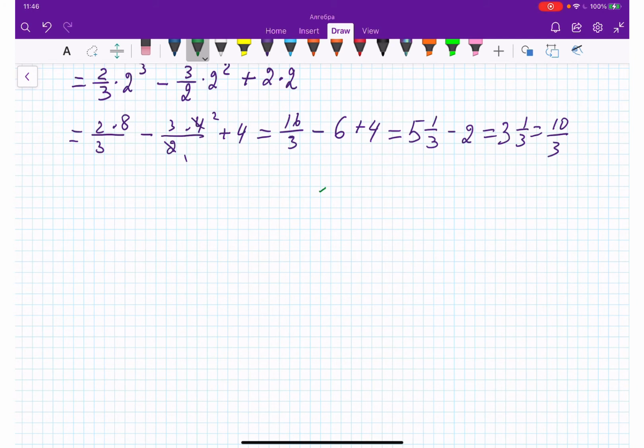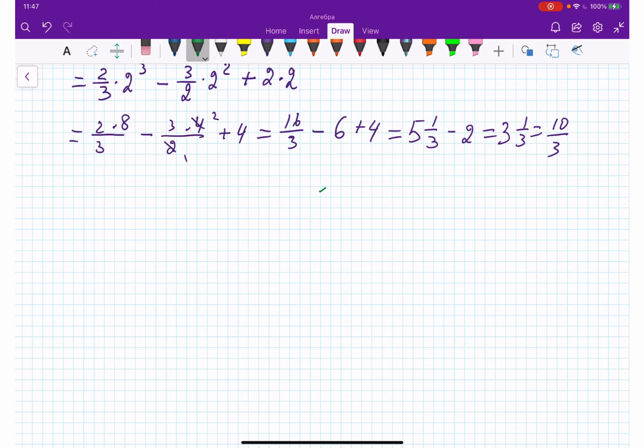Now I would like to talk about the average value of a function. Sometimes we need to find out the average value, which means not going for the entire area via the integral, but just finding the average value.